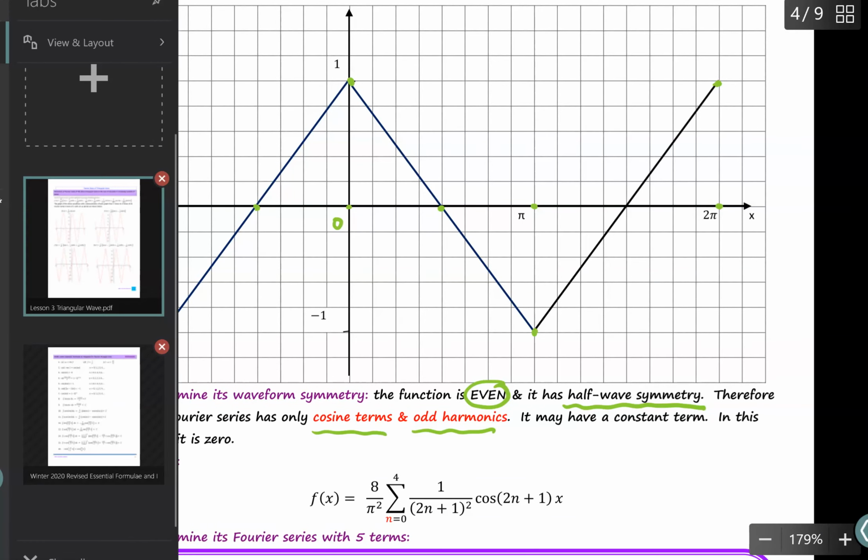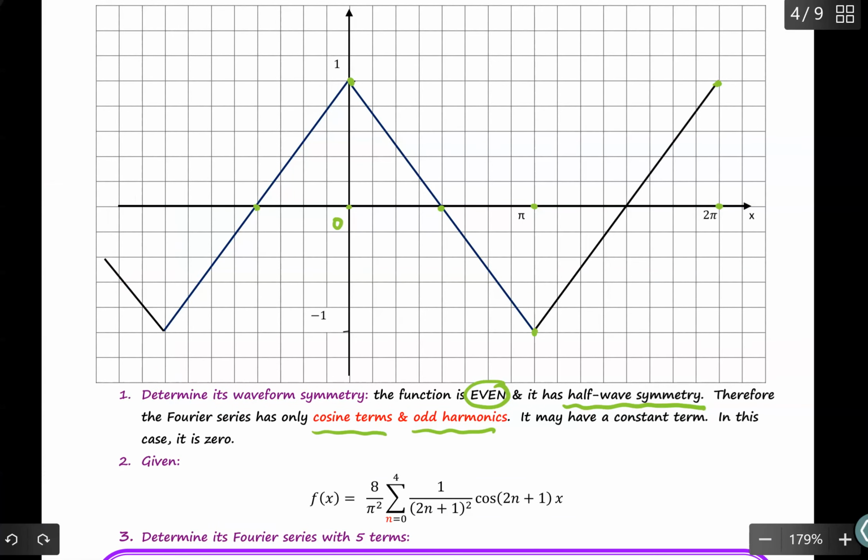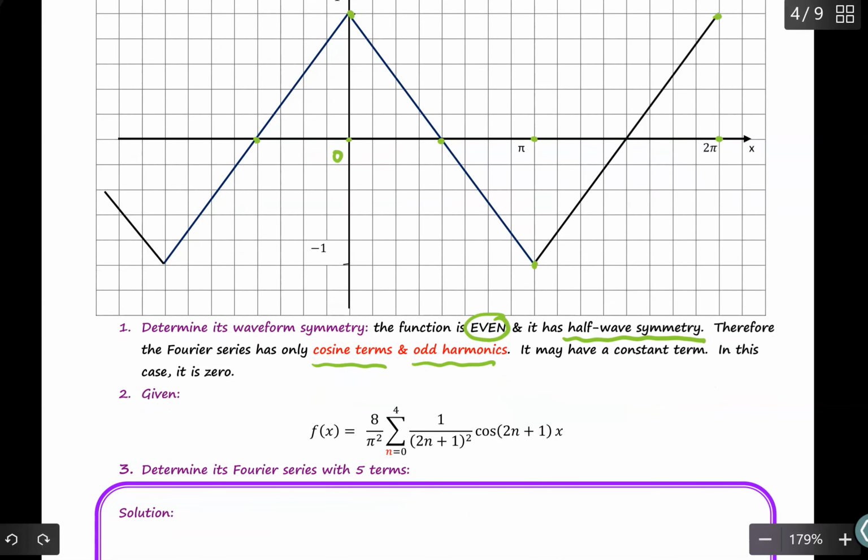This question is slightly different from what I did in the previous lesson. It gives me f(x), which is the Fourier series already, in the form of a summation.